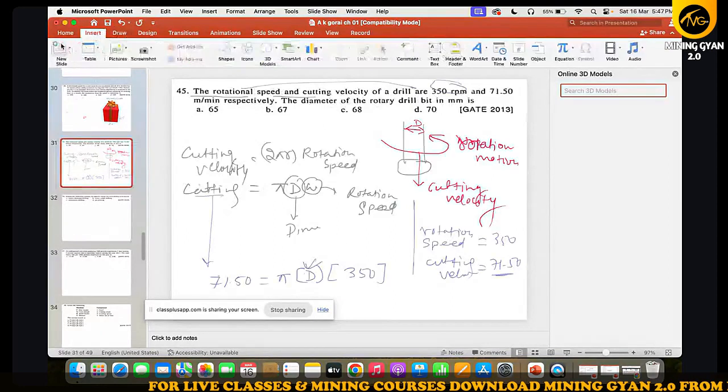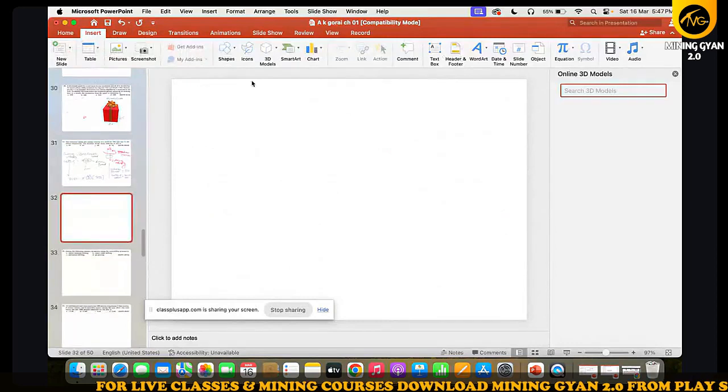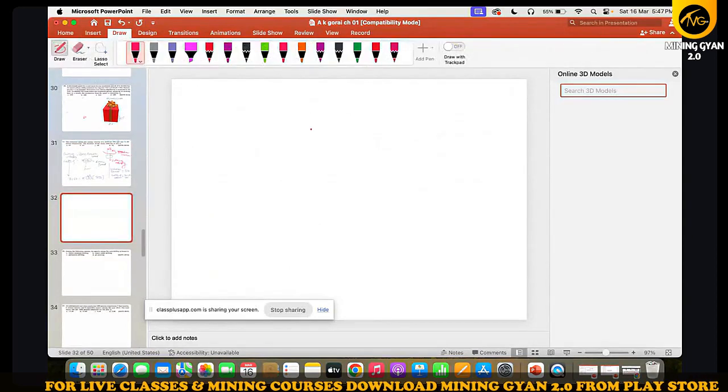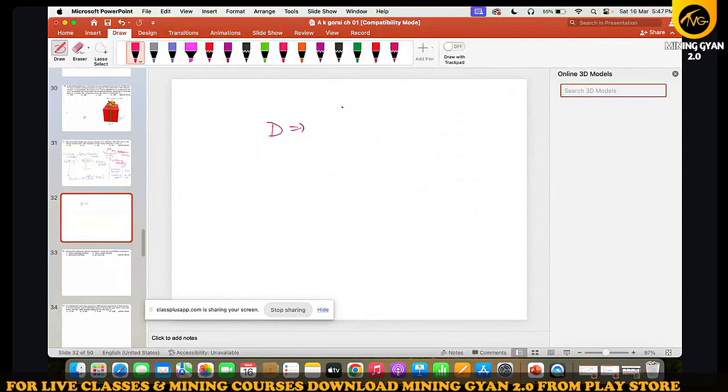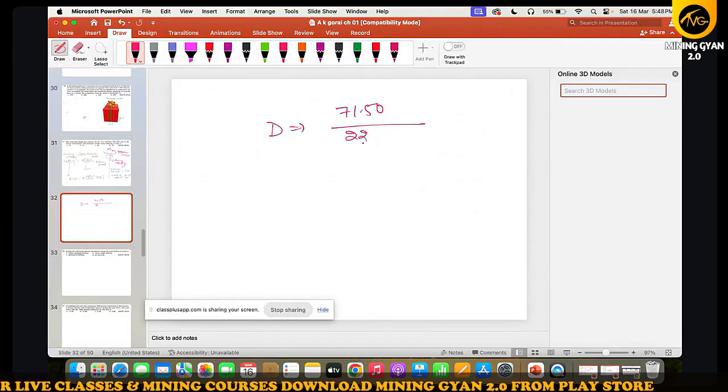So how will we find it? Diameter equals 71.50 divided by pi. The value of pi is 22/7, and 350.